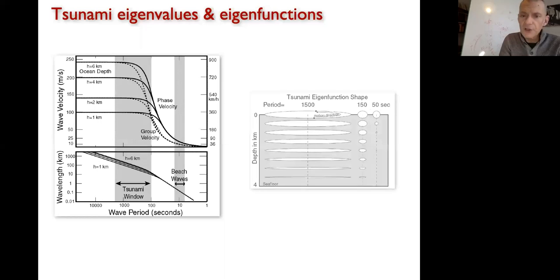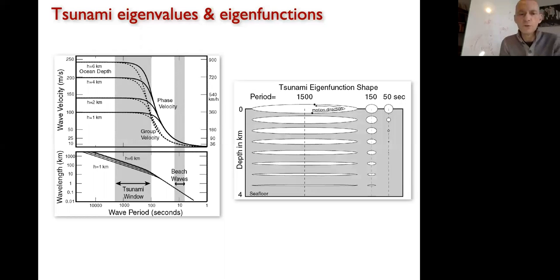And if you give a look to the eigenfunctions, and if you travel from long period, the tsunami window, so please remember 1,000 seconds, 100 kilometers, and a typical velocity of 200 meters per second. If you go there, look at how the motion is done. You have an ellipse, a typical ellipse of a gravity wave, and actually the vertical component is decreasing with depth.